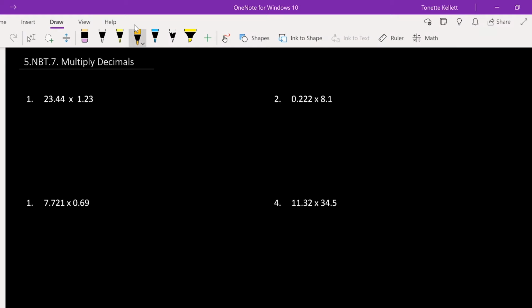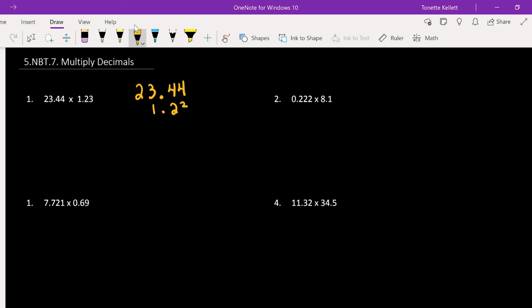Today we're going to multiply some decimals. The first thing you need to do is to just write your problem vertically. So we're going to do that. 23 and 44 hundredths. You do not line up your decimals.